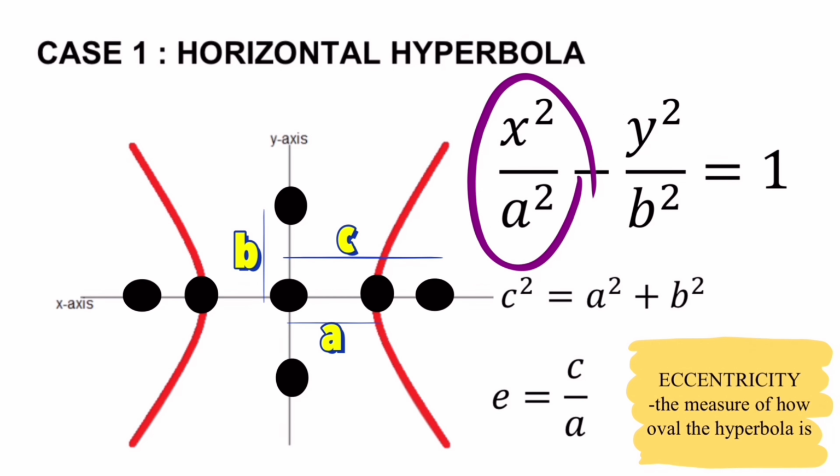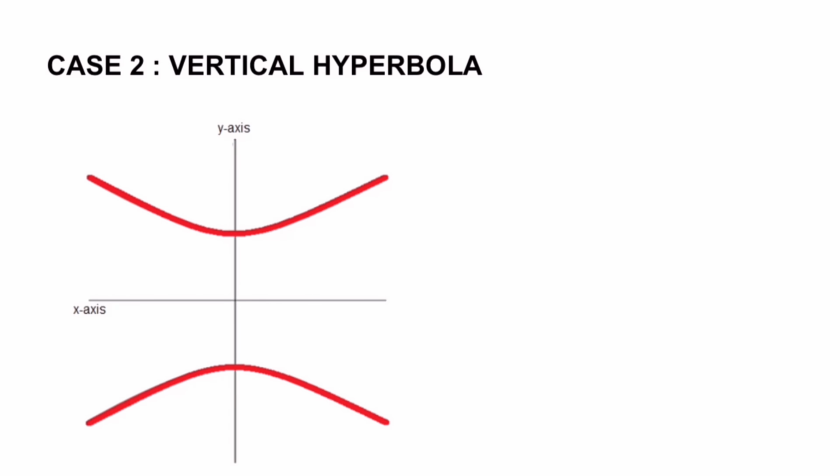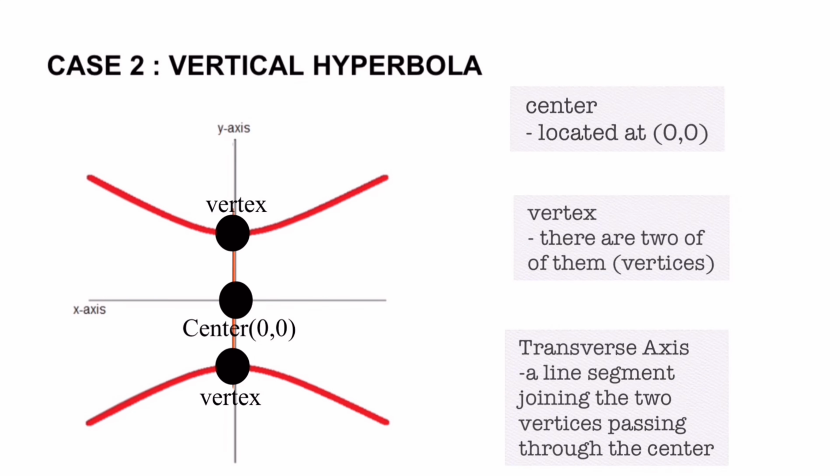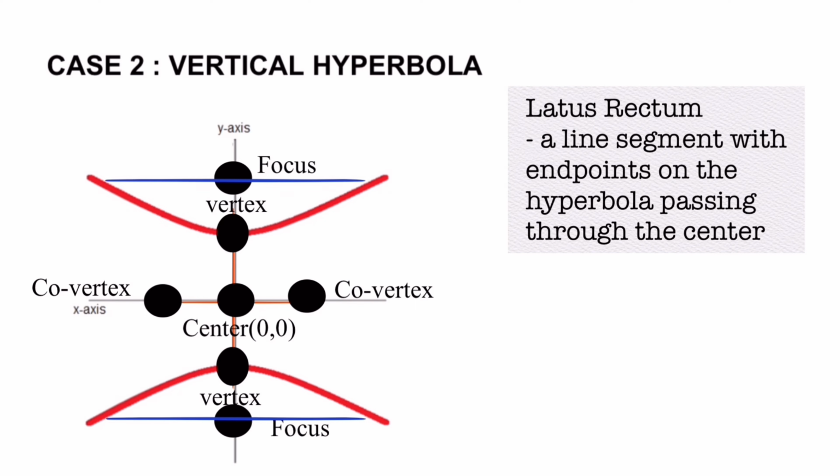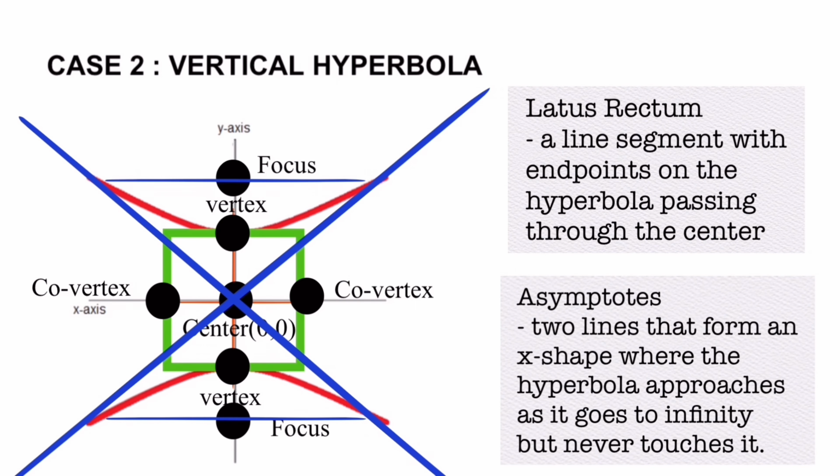Now, let's look at the second case of a hyperbola, which is the vertical hyperbola. In the vertical hyperbola, we still have the same parts. And the equation of the asymptote with a negative slope is y equals negative a over b x, while the one with a positive slope is y equals a over b x.